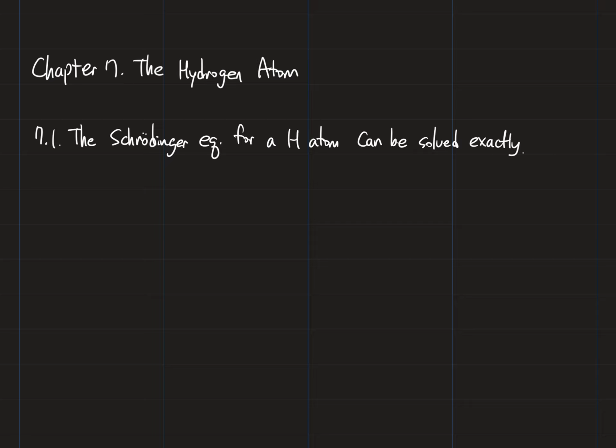So that means we don't need any computational power of computers, and we don't need any numerical approximation. So section 7.1 said that the Schrödinger equation for a hydrogen atom can be solved exactly. This means the hydrogen atom is also one of the toy model examples.